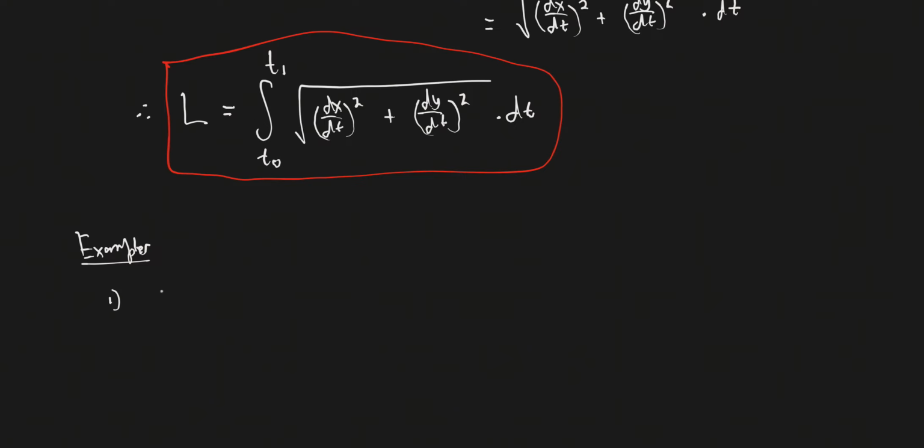So here's our curve. I'm going to write it as an ordered pair. Let's say the x coordinate is 3 cosine t, and the y coordinate is 3 sine t. That's our parametric curve, so that's x of t and y of t.